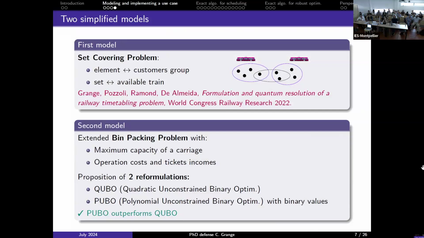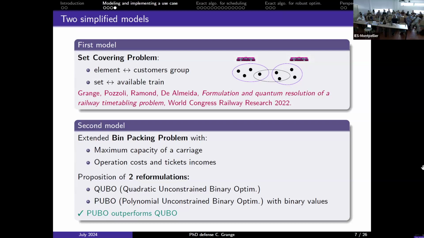For this second model, which is closer to the real problem, the initial one, we propose 2 reformulations. The first one is the QUBO one. QUBO stands for quadratic unconstrained binary optimization, and it means that we want to minimize a function that is at most quadratic, without constraints, and with binary variables.